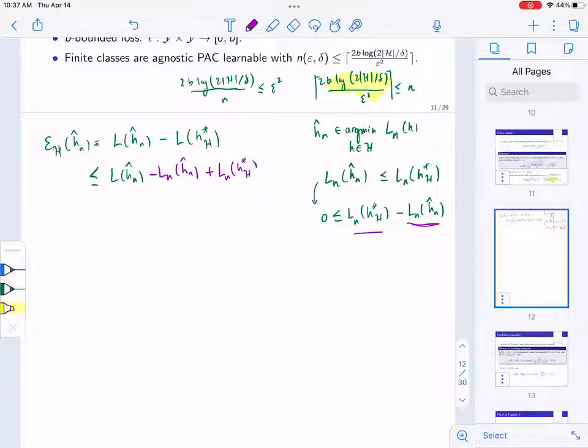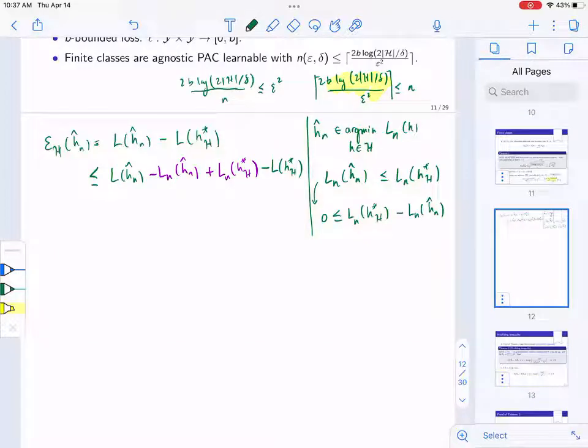Does that make sense? I just added this, which is bigger than 0, so I get an upper bound on the excess risk.